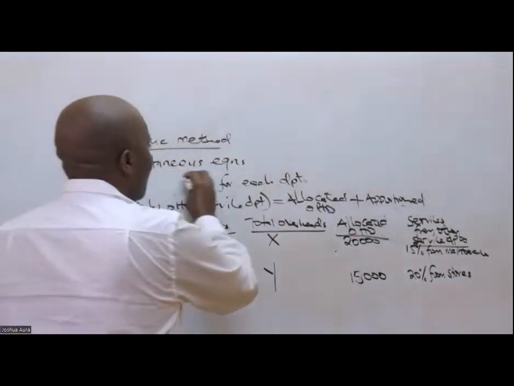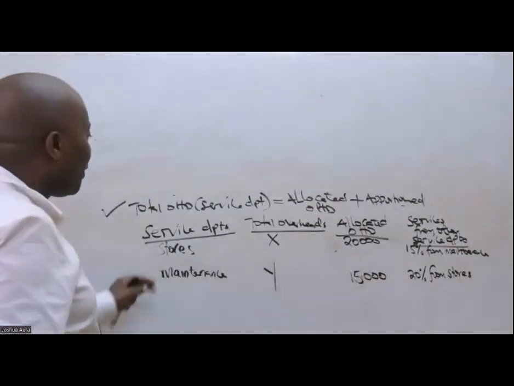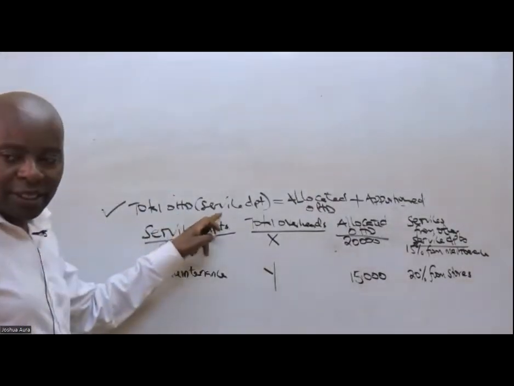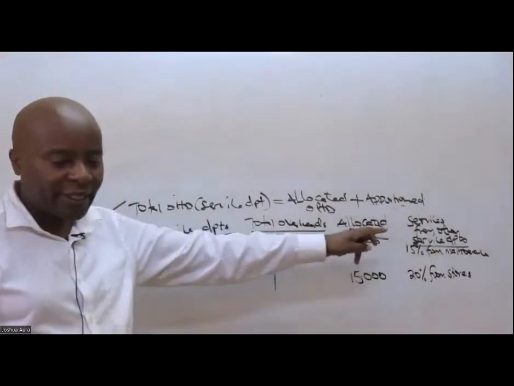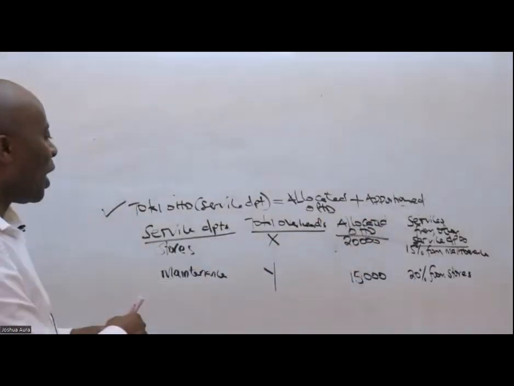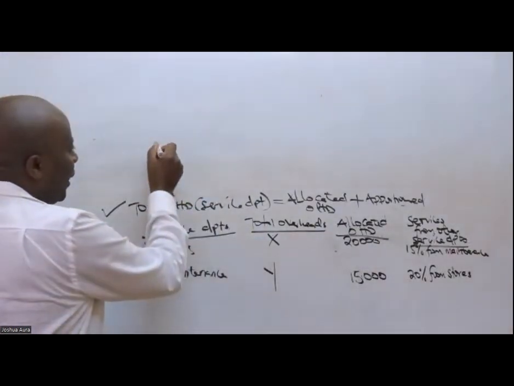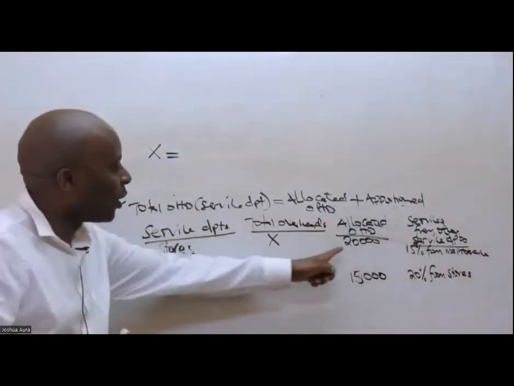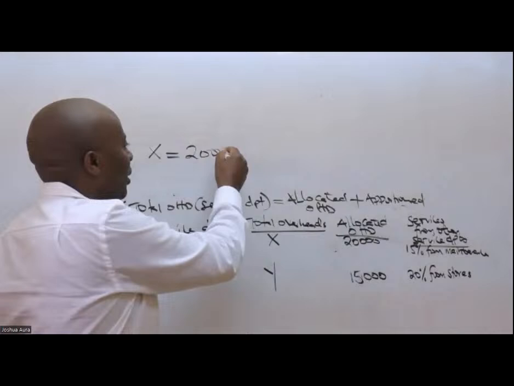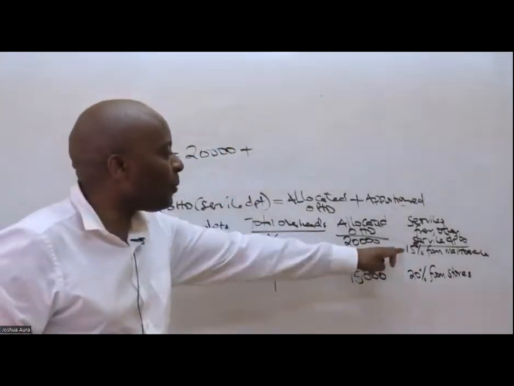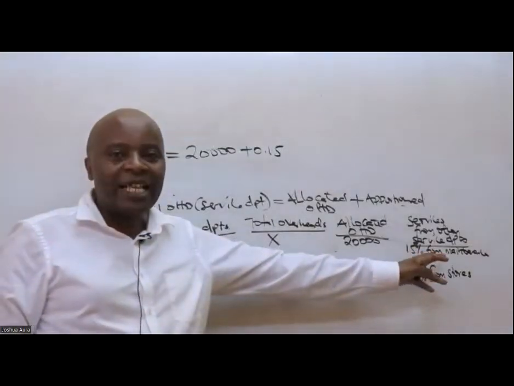Look at our equation here: the total overhead in the service department equals allocated overhead plus the apportioned. Now, I'll start with the stores first of all. So for stores, the total overhead is X equals allocated, which is 20,000, plus 15%, which is the same as 0.15 from maintenance.